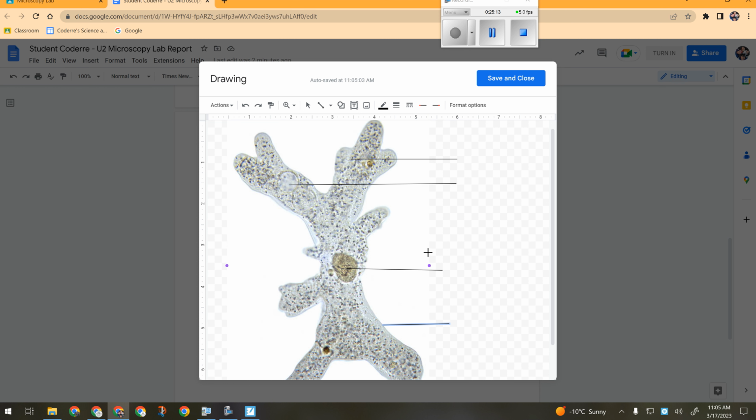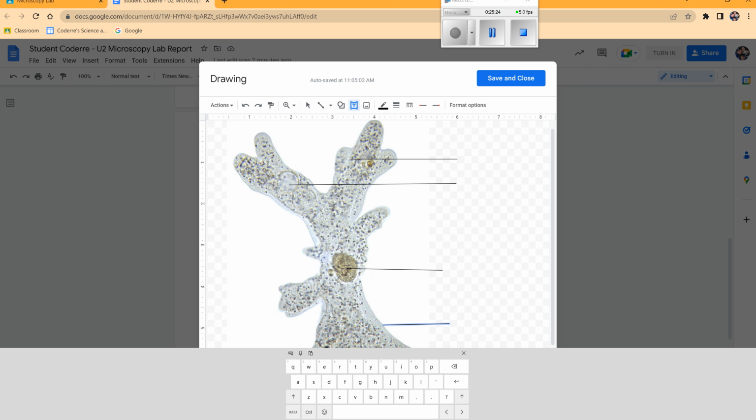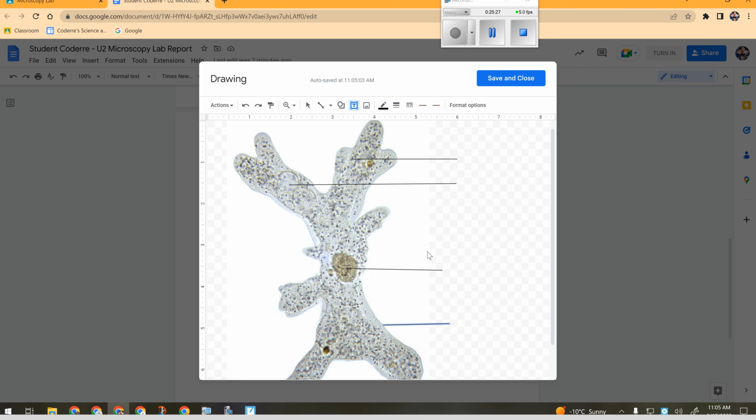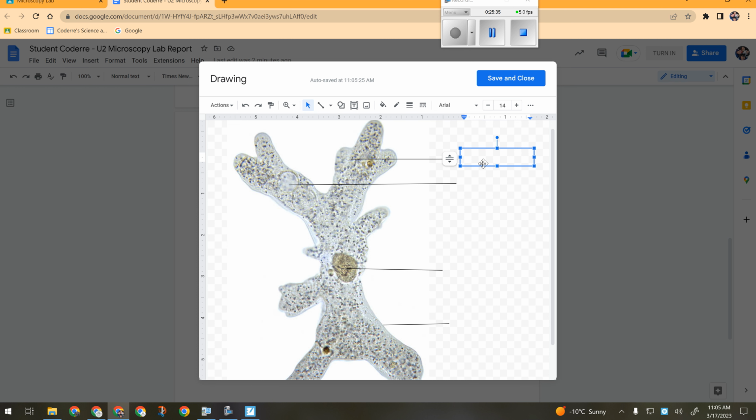Now I've got my labeling lines, and I'm going to put text boxes on the end of each one of those. So that's this icon right here, the text box, and again, I'm just going to draw that. Put a text box on the end of that, and just type in there cytoplasm, because that's what that is.